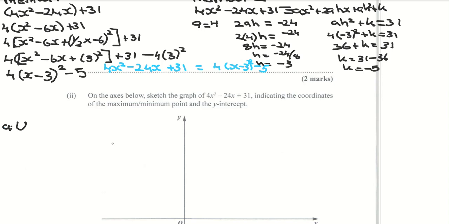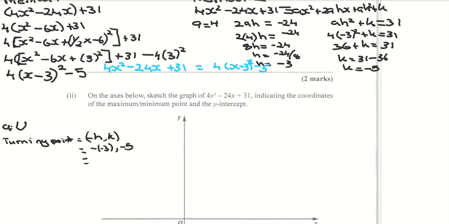The next thing you're going to check is my turning point. Minus h is my axis of symmetry, and k is my maximum or minimum point. So my turning point is equal to minus h, which is 3, and k, which is minus 5.